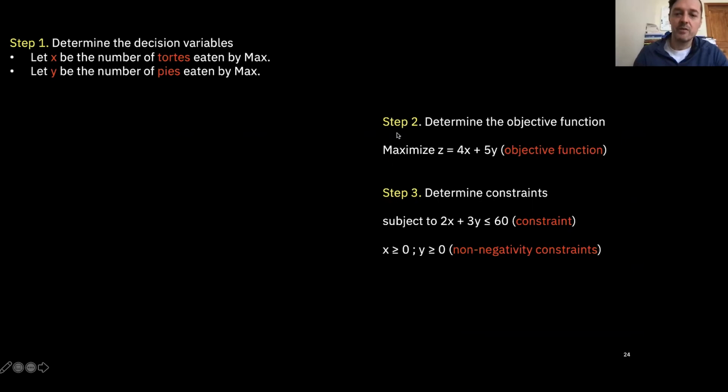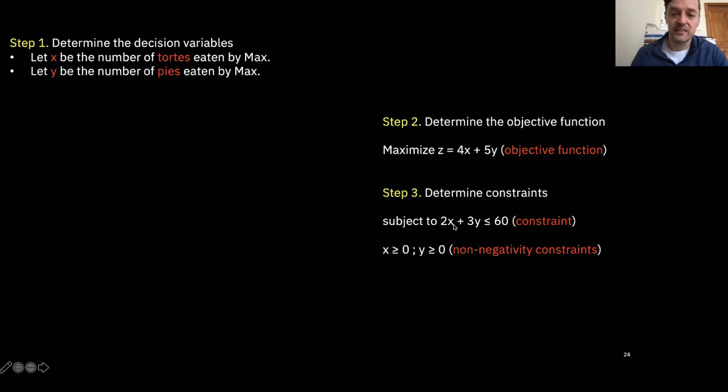And then we've got some constraints, and the constraints part is the least intuitive. Sometimes you just realize after creating the model that you've got another constraint and you need to add it to the model. So here is the constraint: 60 is the number of minutes, and 2 minutes for torta and 3 minutes for apple pie cannot be greater than 60, right?